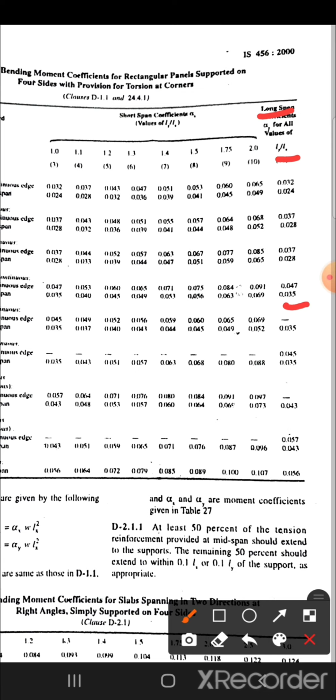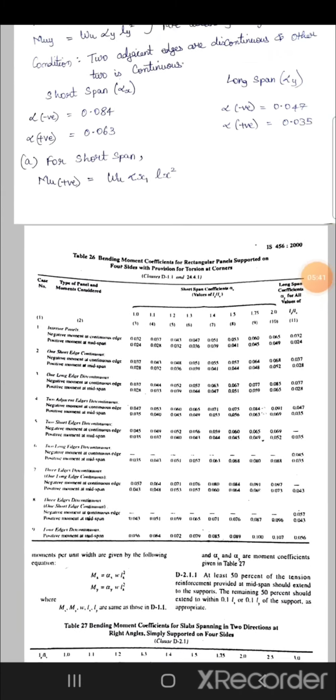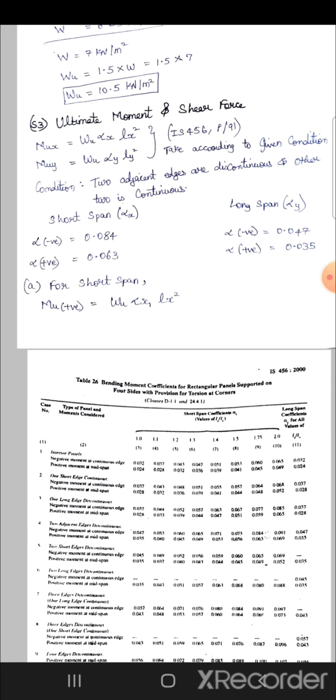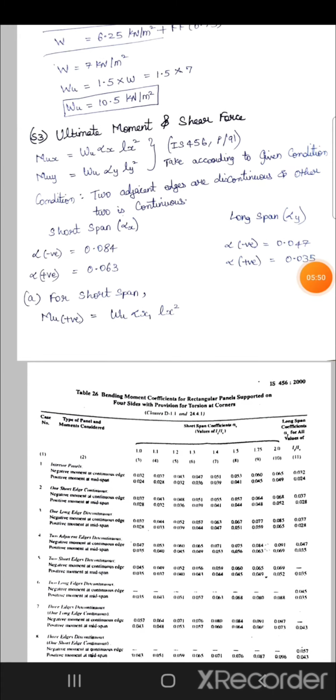Only for short span we need Ly by Lx value to find alpha x. Short span alpha x, we have got alpha positive 0.063 and alpha negative 0.084. Long span positive 0.035 and negative 0.047.